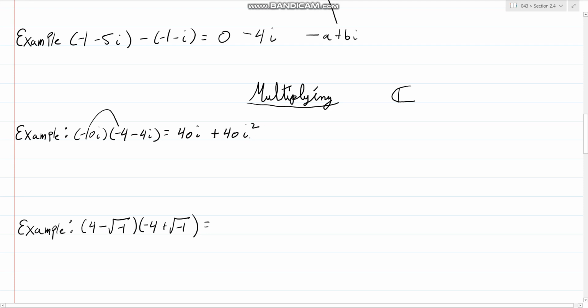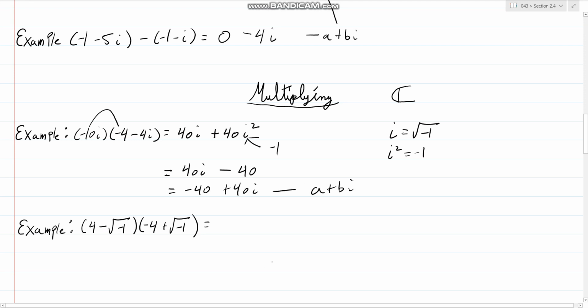And that is the different part. This is the different part because i is defined as the square root of -1. So i squared is -1. So this right there is -1. Okay. So this is 40i minus 40. And we can write that as -40 plus 40i. So it's in that a plus bi format.